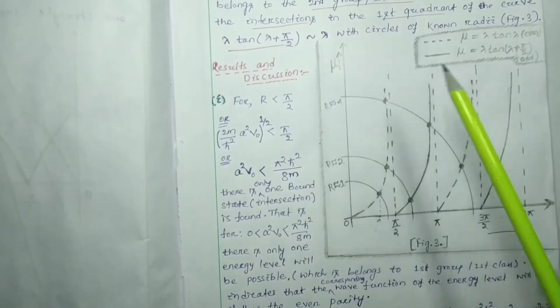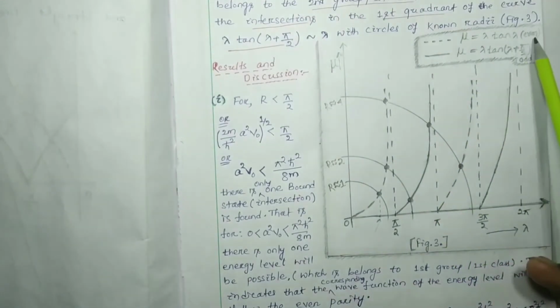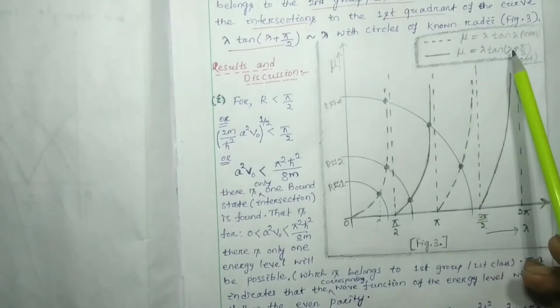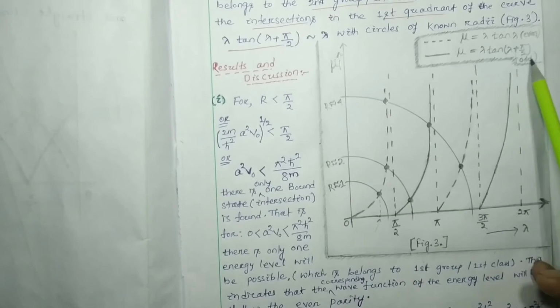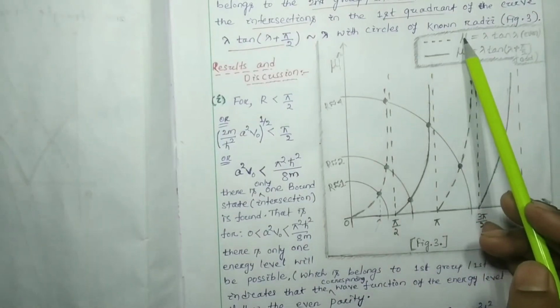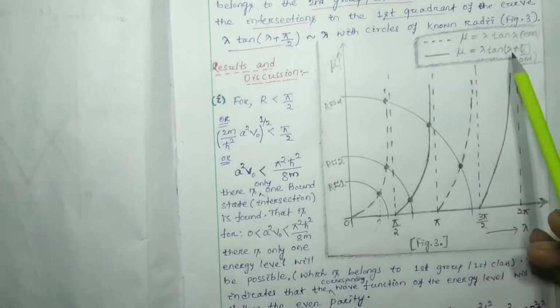Here mu has two values: one is lambda tan lambda for the even function, and another is lambda tan lambda plus pi by 2 for the odd function, the solution which belongs to odd parity. The dotted line is for even, and the dark line is for odd.